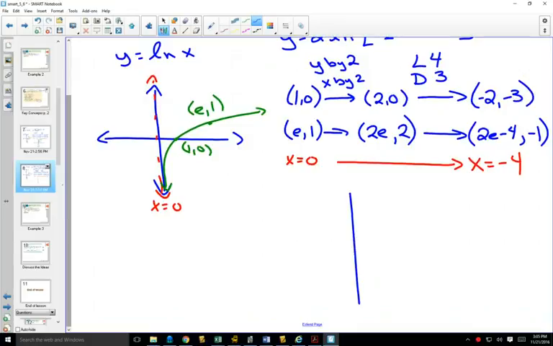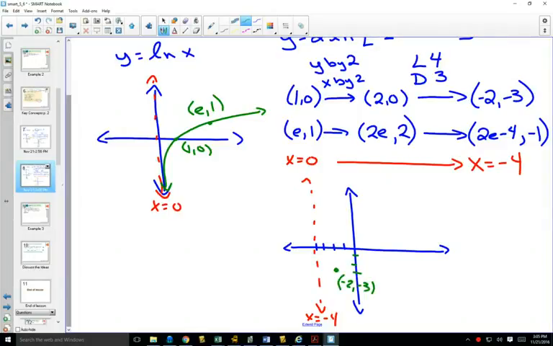So when we go to graph this, we can start by graphing our asymptote. We can graph our nice point, -2, -3. And then our not nice point is 2e minus 4, comma, -1. If e is 2.7, using that as an estimate, 2 times 2.7 is going to be 5.4. 5.4 minus 4 will be 1.4.